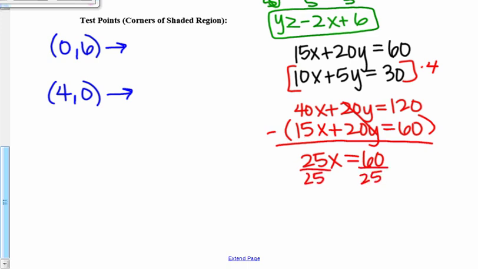I get x equals 2.4. And then I can go ahead and plug 2.4 back in for one of these equations to get my y value. I'm going to plug it into that first one.